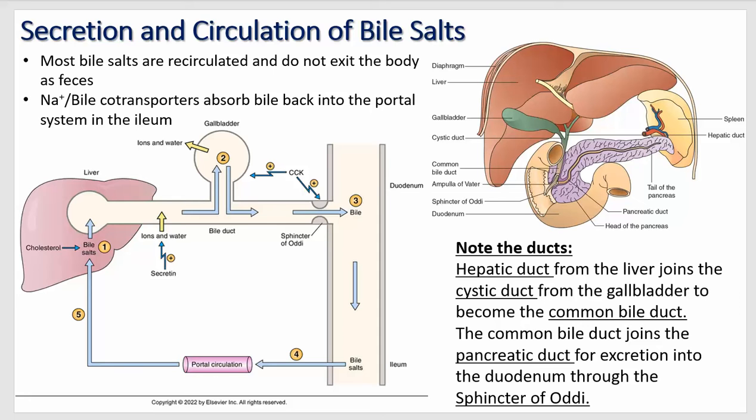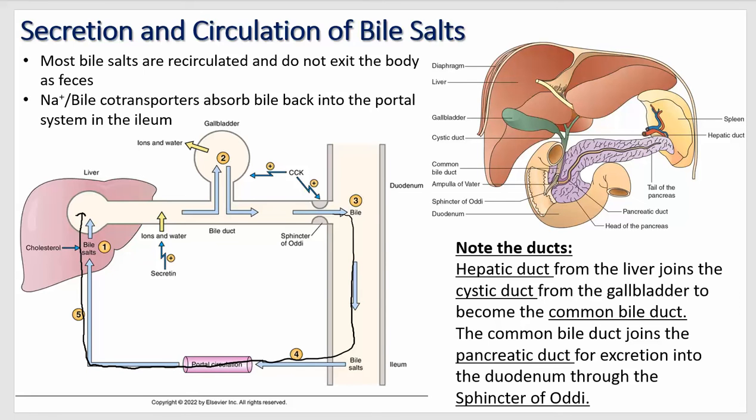If we look at the steps that take place, we have the primary bile salts or bile acids that are made in the liver, and then released and then reabsorbed. It goes back through what we're going to talk about later, portal circulation, back to the liver.